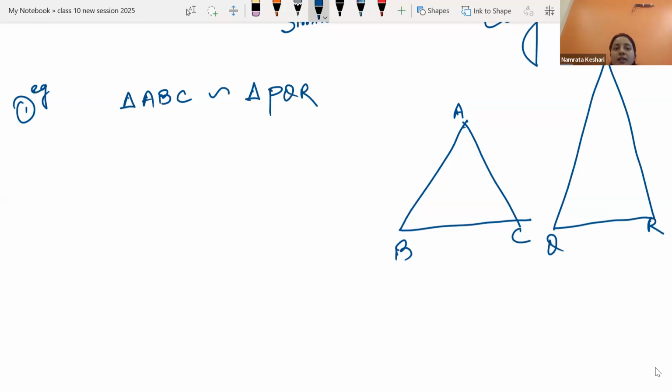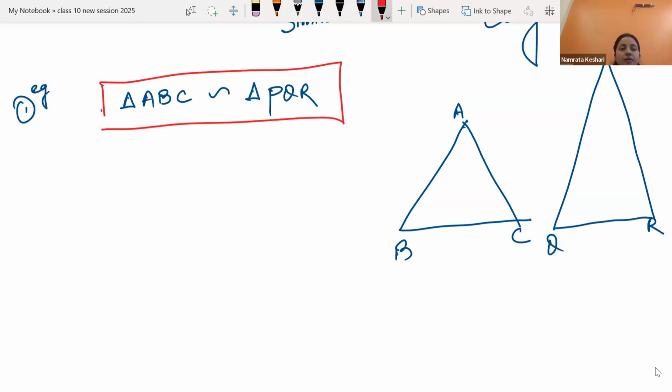Now you understand that sides are in proportion with each other. That means once you see this written part, you will write AB by PQ. Systematically you have to maintain the ratio. Are you getting me? That ratio will be equal to BC by QR.